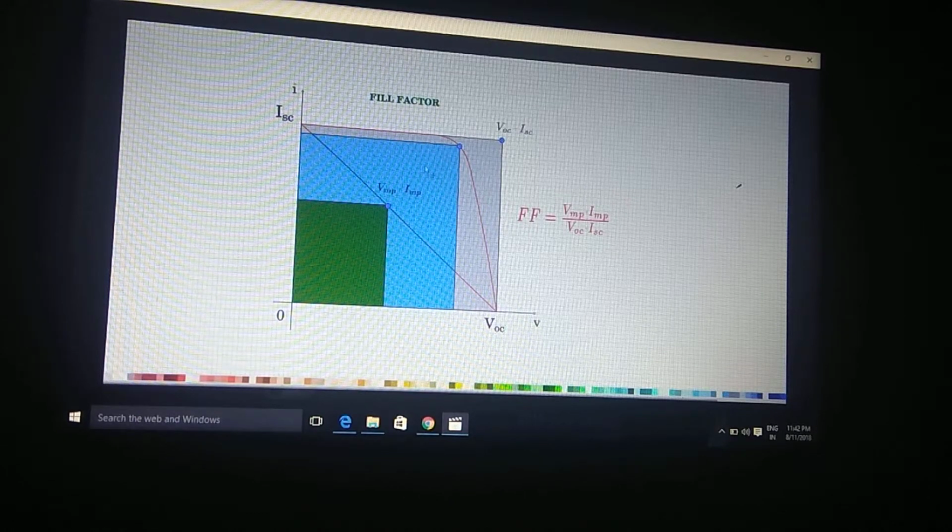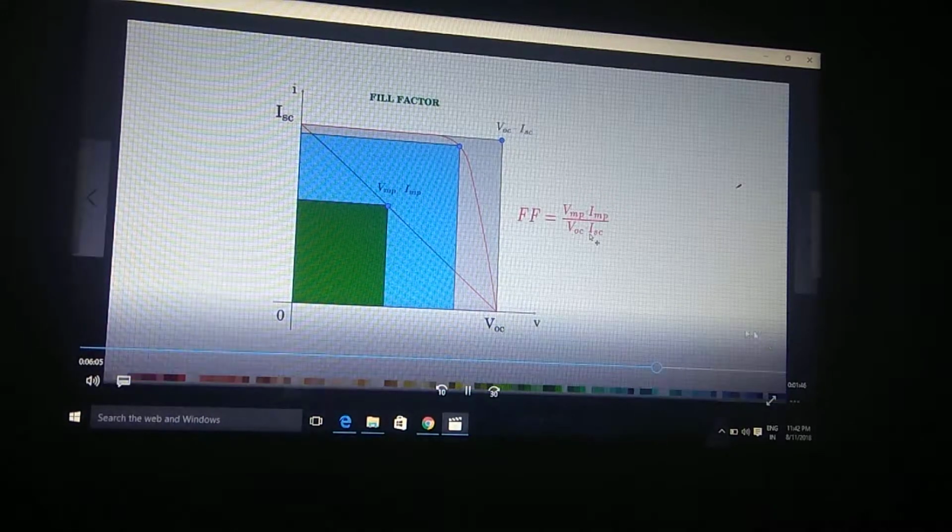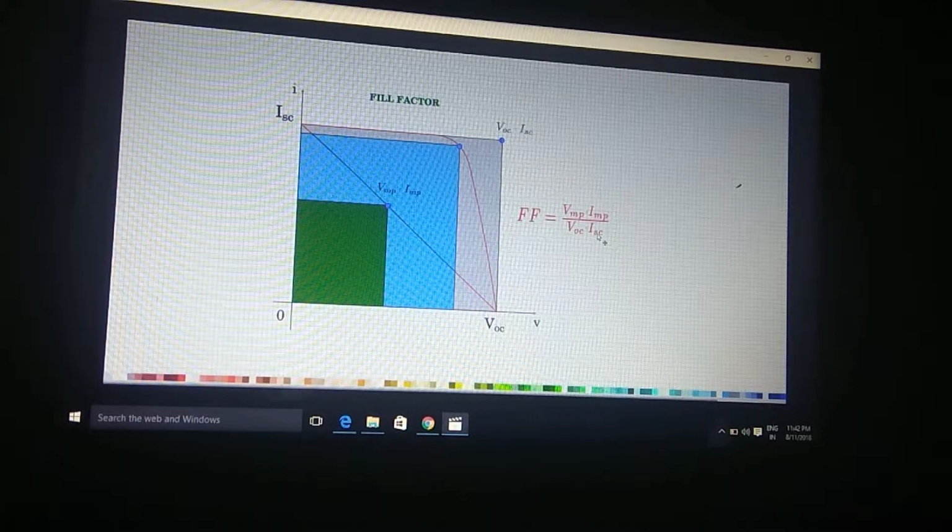So apparently, just looking at this, you see that a PV cell having this curve is much better than this because this area is greater than this. So this ratio, which gives a measure of the goodness of the PV cell, can be computed from the datasheet values.